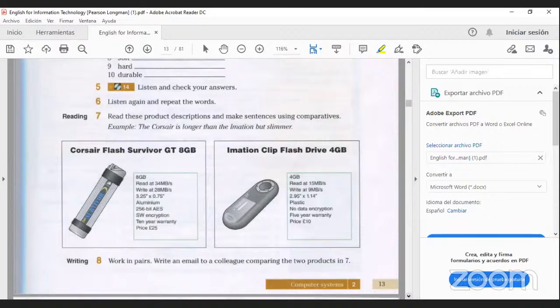Yo voy a decir, a ver, profesor. The one on the left has... el gigabyte. The one on the right has 4.